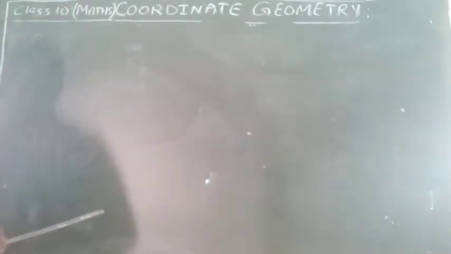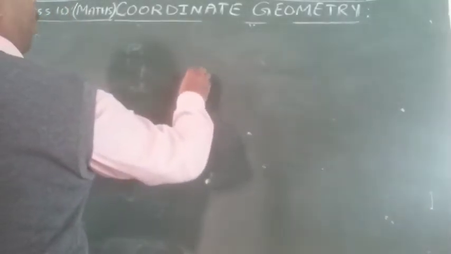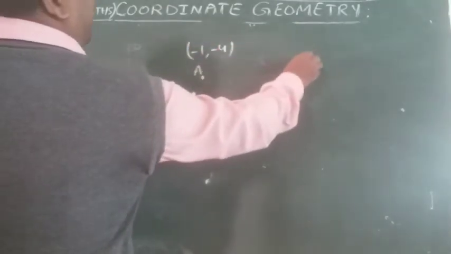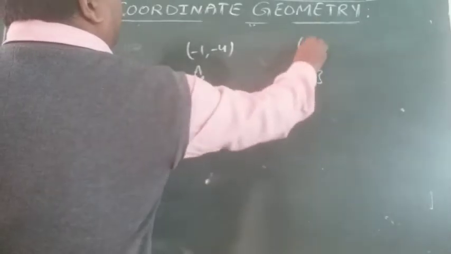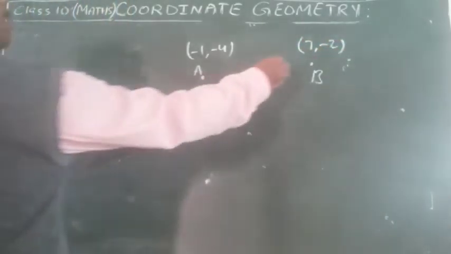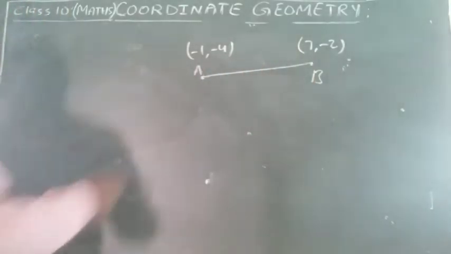Okay. The question is that we have to calculate the distance between point A, coordinate (-1, -4), and another point B, coordinate (7, -2). How to calculate? Okay, this distance we have to calculate.